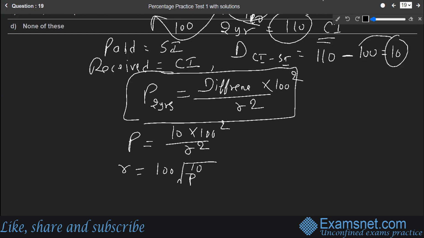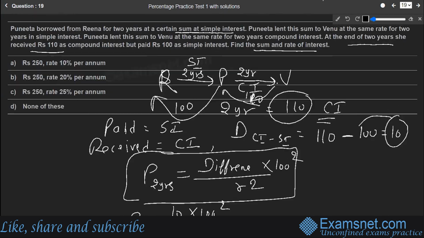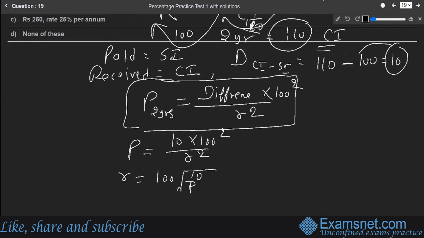Now, as there's simple interest involved, we can use the formula of simple interest. What is the formula for simple interest? It is simply p into r into time upon 100. We know the simple interest that she has to pay to Rina is 100.